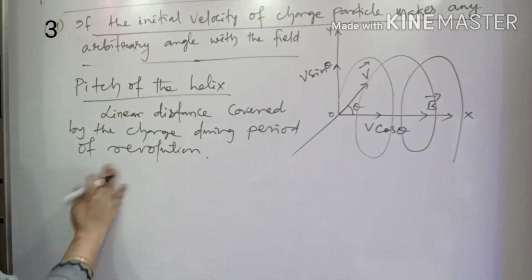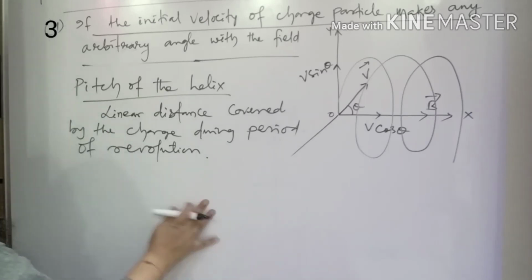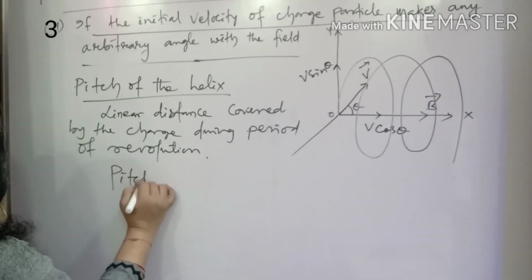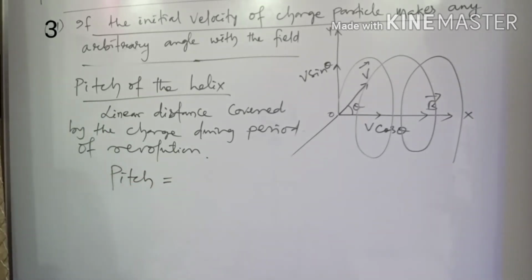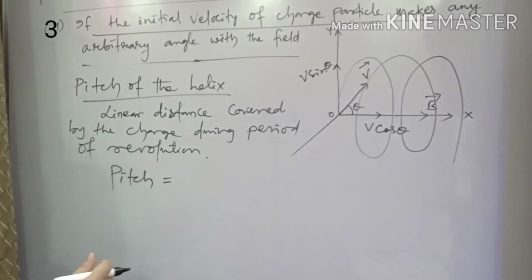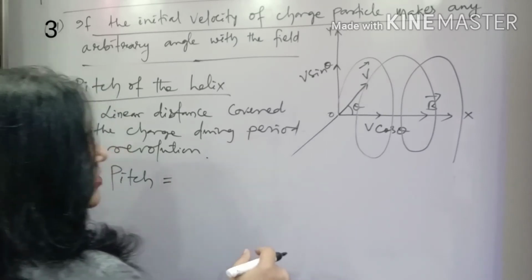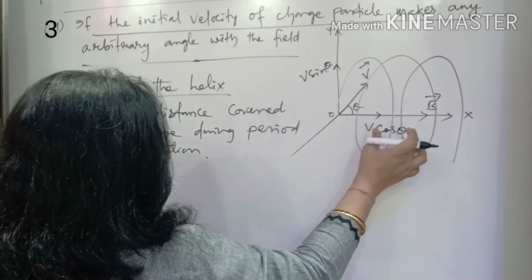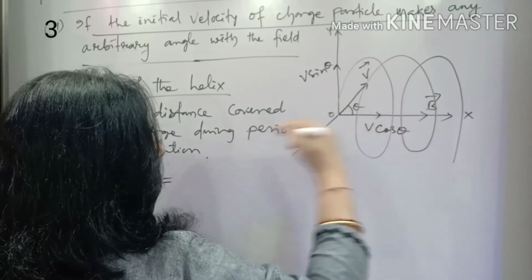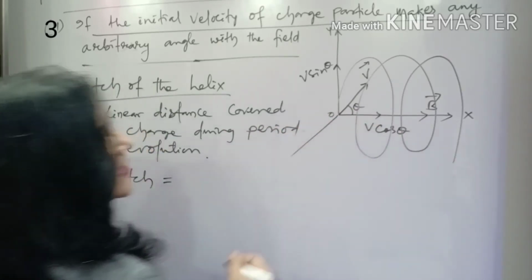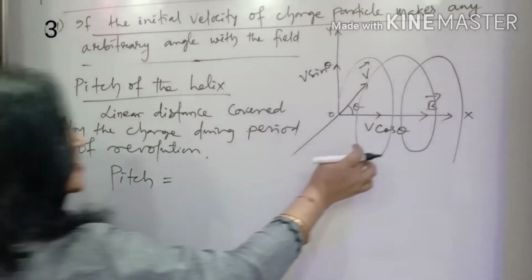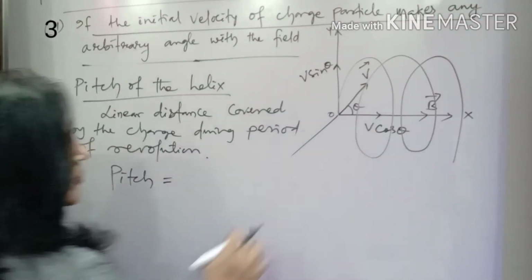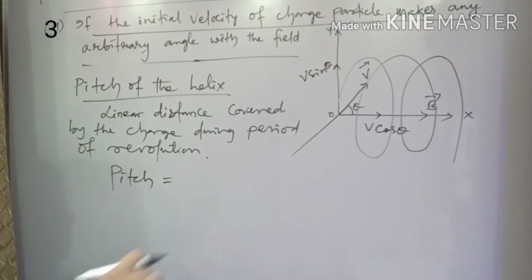Now pitch is nothing but a distance, so you have to use the distance formula: distance equals speed into time. Which component of the velocity do you need to consider? That is V cos theta, because due to this component the charge covers a linear distance. So remember, while calculating pitch, the component to take is V cos theta.